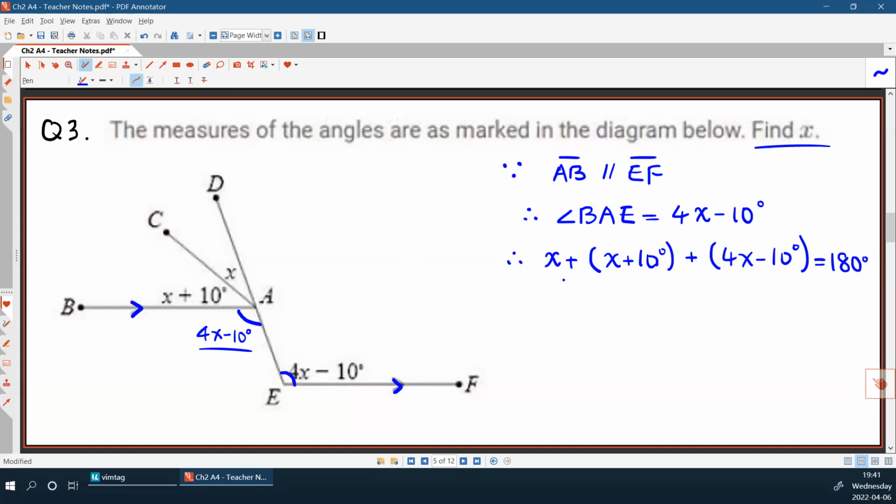Therefore, we have an equation with only one unknown quantity, so it is possible to solve for x. Let's simplify: 6x, then plus 10 and minus 10 cancel each other. So 6x equals 180 degrees, which gives us x is 30 degrees. Okay, have a look at this question and let me know if you finish.